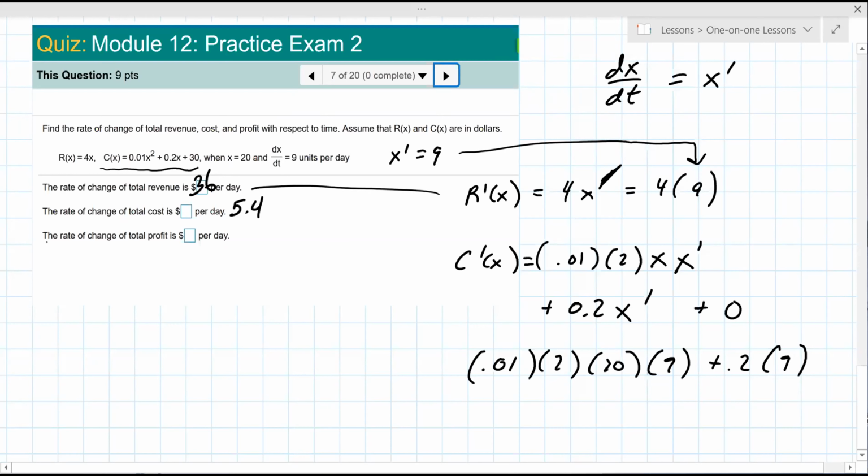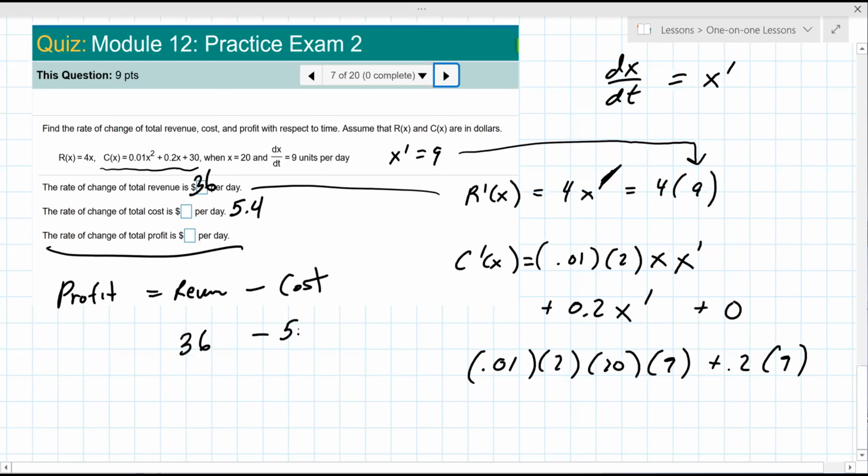Profit is revenue minus cost. Okay. So here's what you could do. You could set up R of X, subtract C of X, and then find the derivative and plug the numbers in, or you could realize that it's 36 minus 5.4.